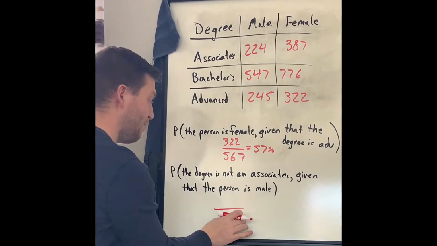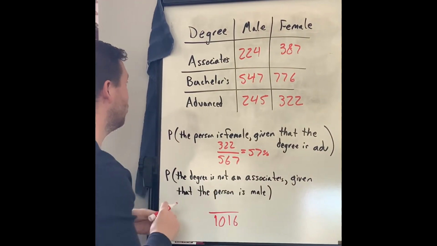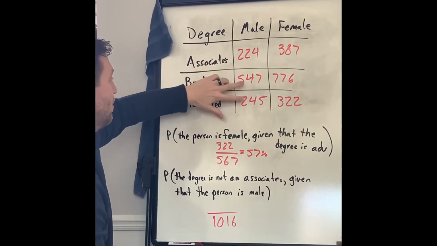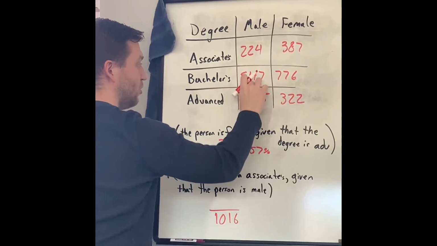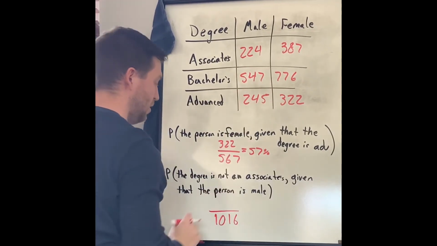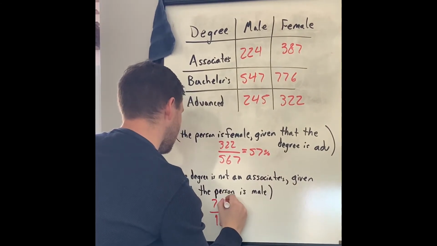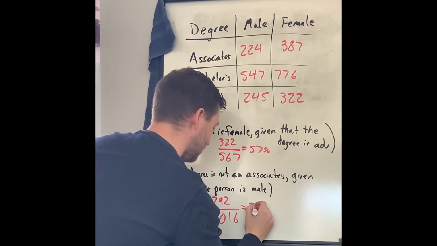So out of all of the males, we go back to the first part of the problem, the degree is not an associate's. So this one is associates. That means we need to add these 2 together because of all the males, these numbers are the ones that are not associate's degrees. When we add those together, we get 792 divided by 1,016 gives us about 78%.